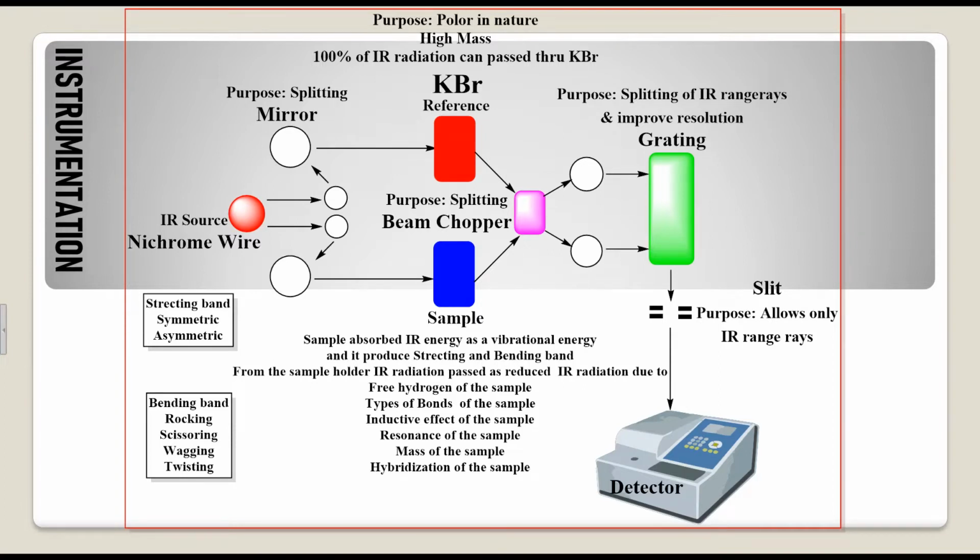Then in the sample cell, when the IR radiation enters, the sample needs some qualities to absorb the IR radiation. What qualities does it need? The sample must have free hydrogen or types of bond, whether it has an inductive effect or not, whether the sample has resonance or not, what the mass of the sample is, and whether it has hybridization or not.